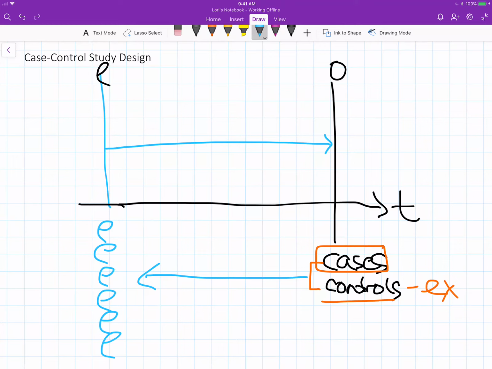So I'm going to use an example of neural tube defects. I'll abbreviate that NTD. A neural tube defect is something that a baby is born with. And for a long time we were trying to figure out what causes neural tube defects. How can we figure out what causes it so that maybe then we can help to prevent it? These cause very severe problems.